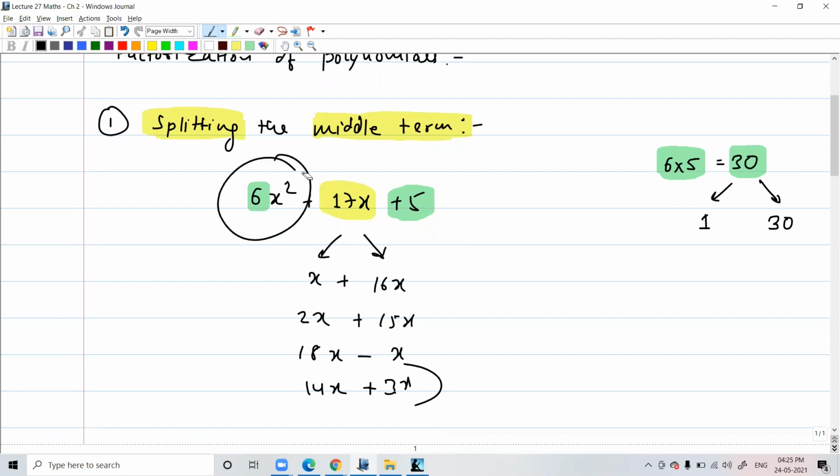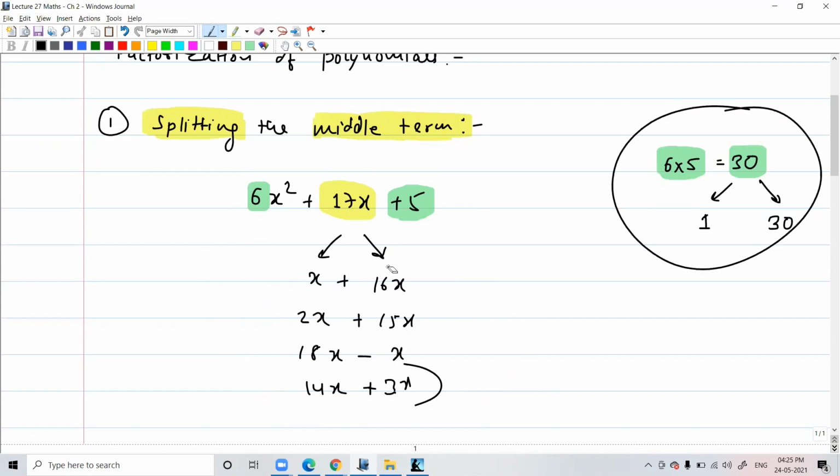Like you can see, this is x square, the maximum power 2, that you write first, then x to the power 1 will be the second term, and then the constant term. Okay, and like I said, this is the middle term, and we want to split it in one of the ways which will help us to factorize it. But how to choose which one to take? For that, I'm teaching you a method.